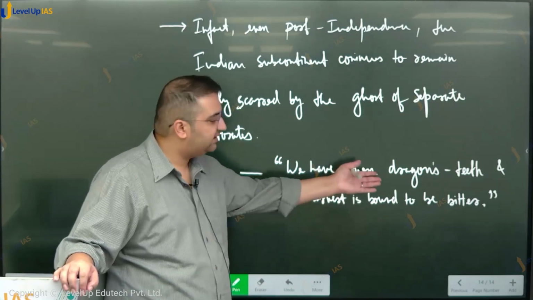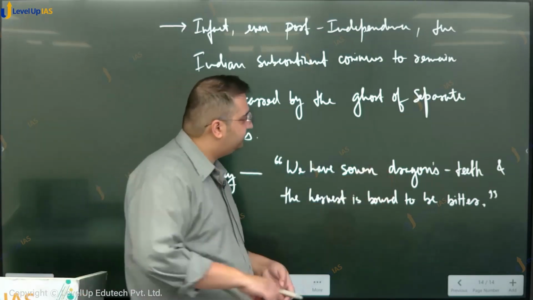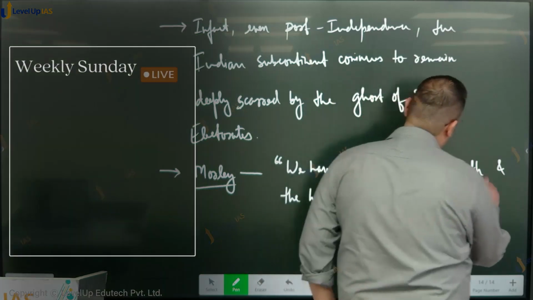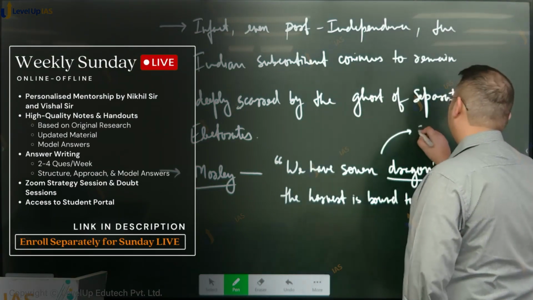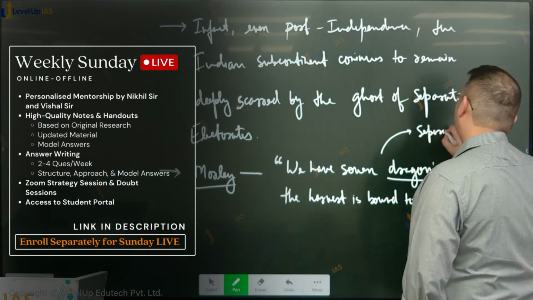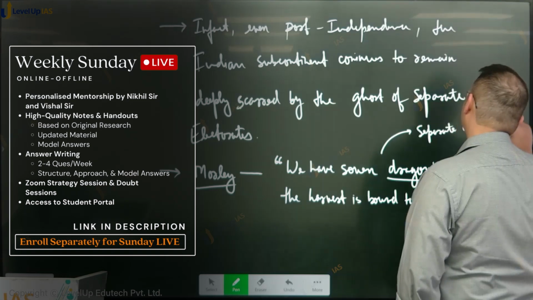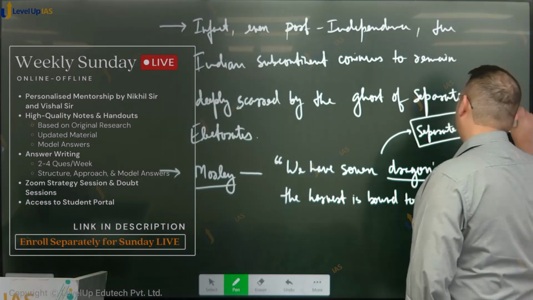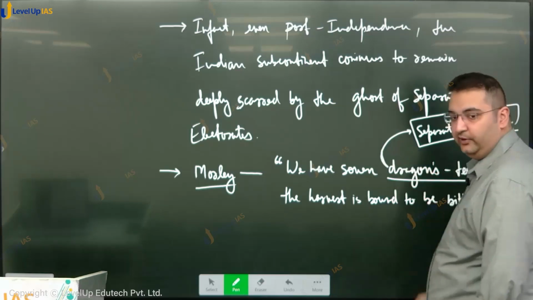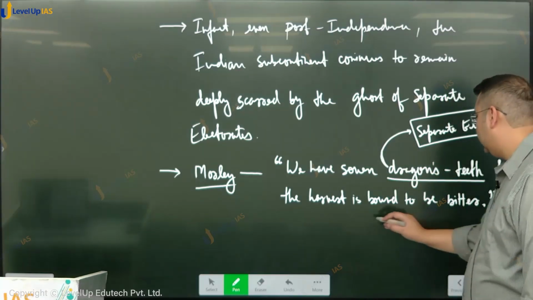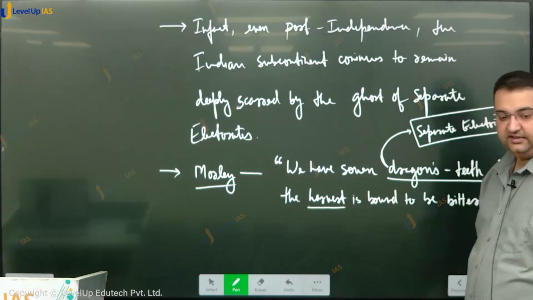And what are the dragon's teeth that he is talking about? Separate electorates. ये तो हो गया जो बीज बोए इन्होंने। And which bitter harvest is he talking about?